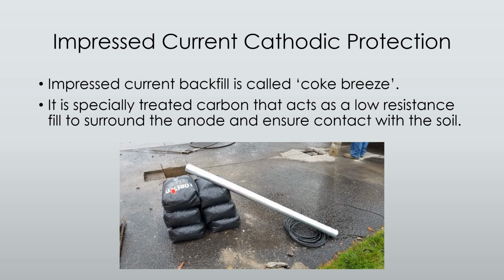Instead, we backfill with this coke breeze, which is also conductive. So electrical current will flow from the surface of the anode through this coke breeze. Then you have an oxidation at the edge of your coke column. So you effectively make your anode column larger by adding this coke breeze around your impressed current anode.